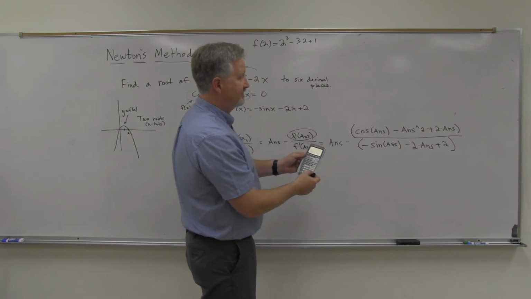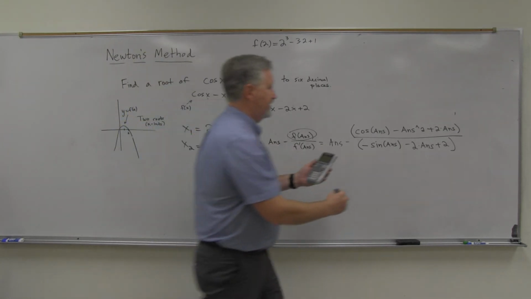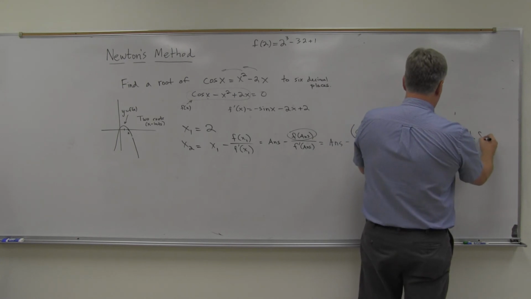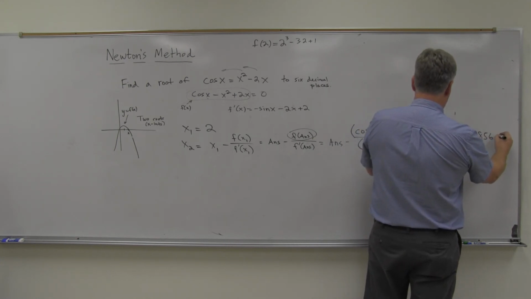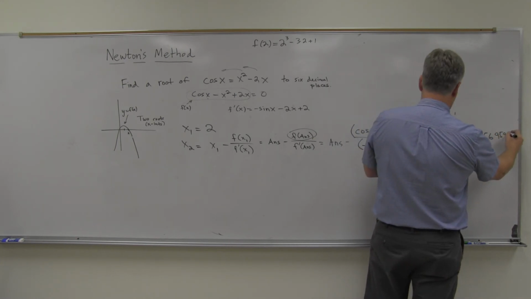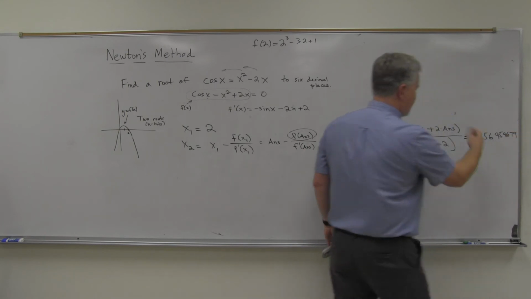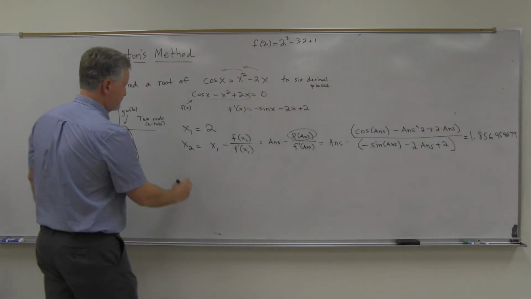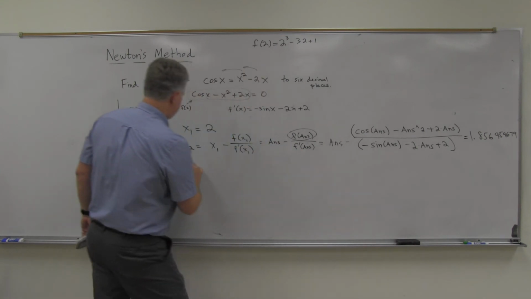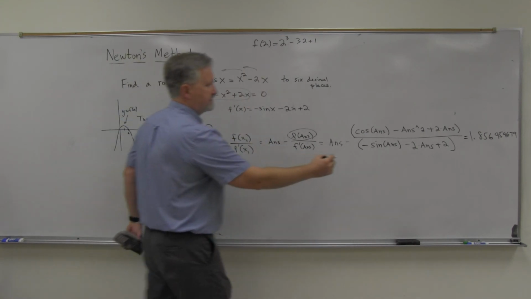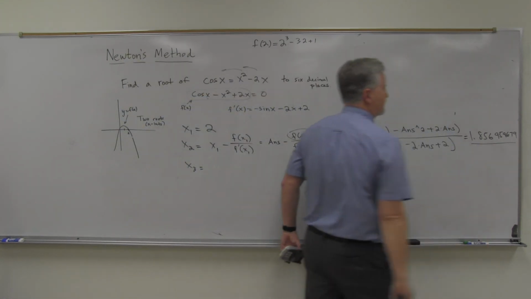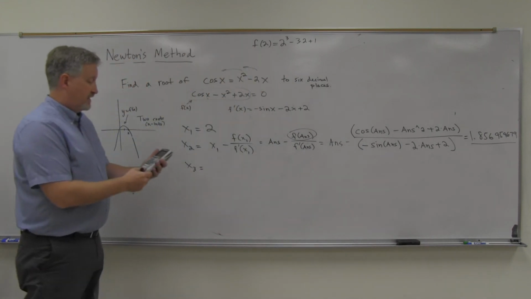And then just hit it. It's 1.856959679. I'd like for you to show me each value that you get. But now it's just hitting enter.